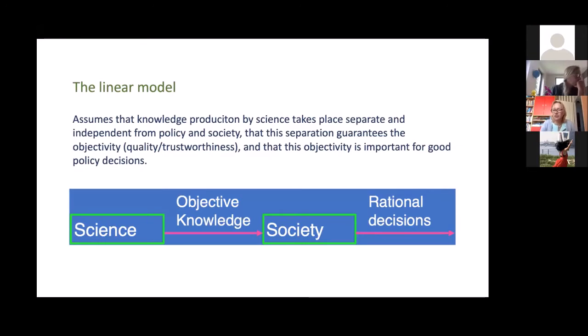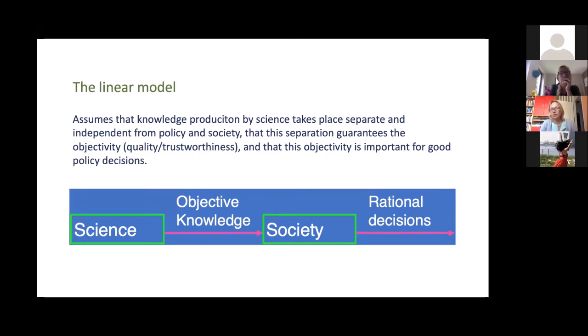And it is actually this separation that is also celebrated because it guarantees objectivity. And this objectivity is considered to be important for knowledge to be a good way to inform rational decision making.